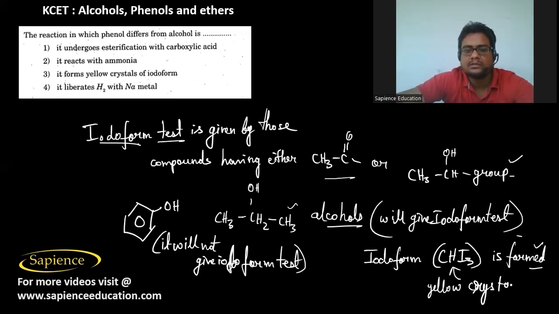So the reaction in which phenol differs from alcohol is that the alcohol forms yellow crystals of iodoform if we use I2 and NaOH.